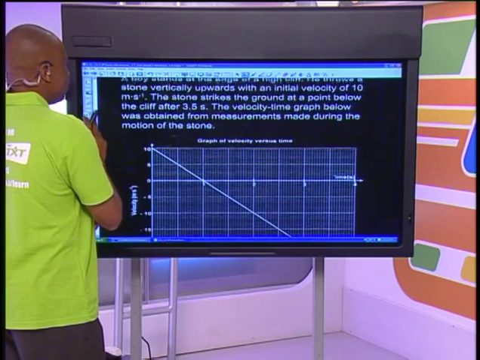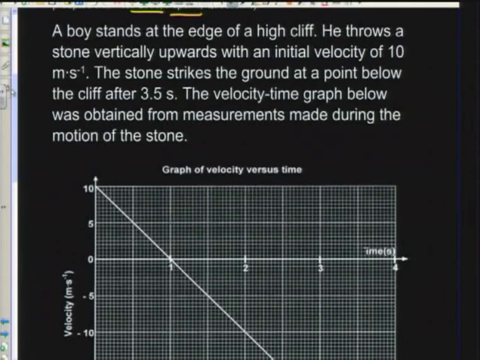Now, this question says, a boy stands at the edge of a high cliff. He throws a stone vertically upwards with an initial velocity of 10 meters per second. These details are important.